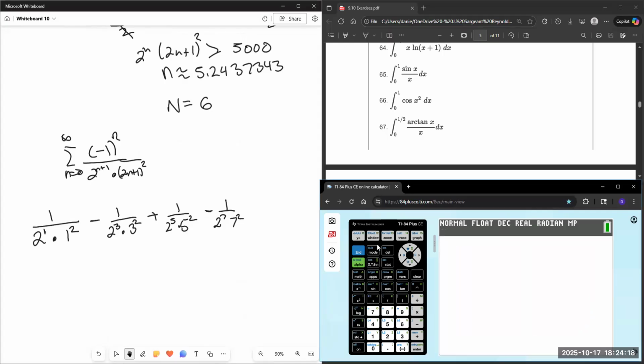So let's go ahead and use my calculator to say that this is going to be 1 over 2 minus 1 over 8 times 9 plus 1 over 32 times 25 minus 1 over 2 to the 7th is 128 times 49.